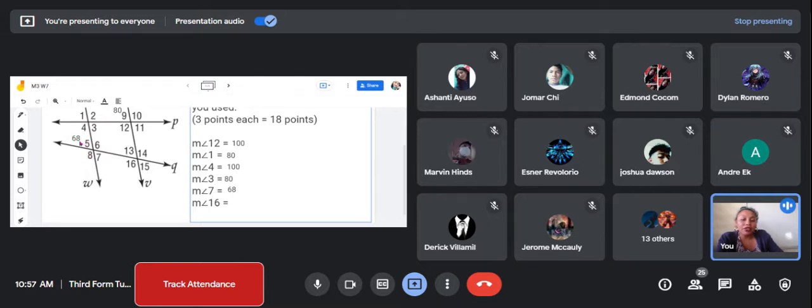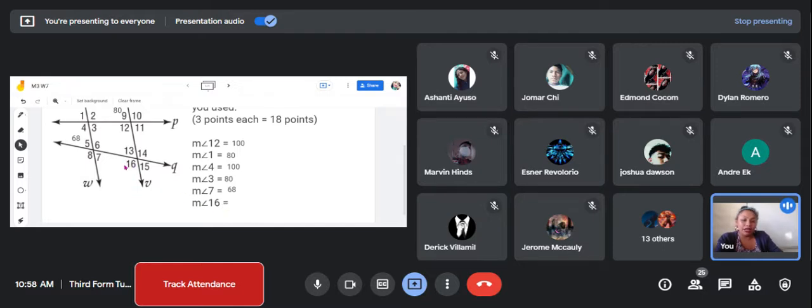If angle 5 is 68, that means angle 7 will also be 68, since they are vertically opposite angles, where number 5 and number 7 are equal to each other. That means number 8 and number 6 are also equal to each other. The same thing applies for 13, 14, and 16. If 5 is 68, that means 13 is going to be 68 and 15 is going to be 68. So now what is angle 16?